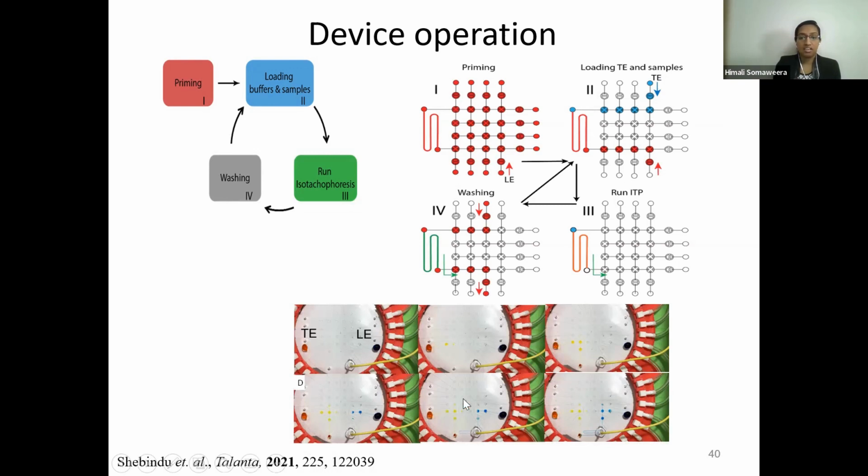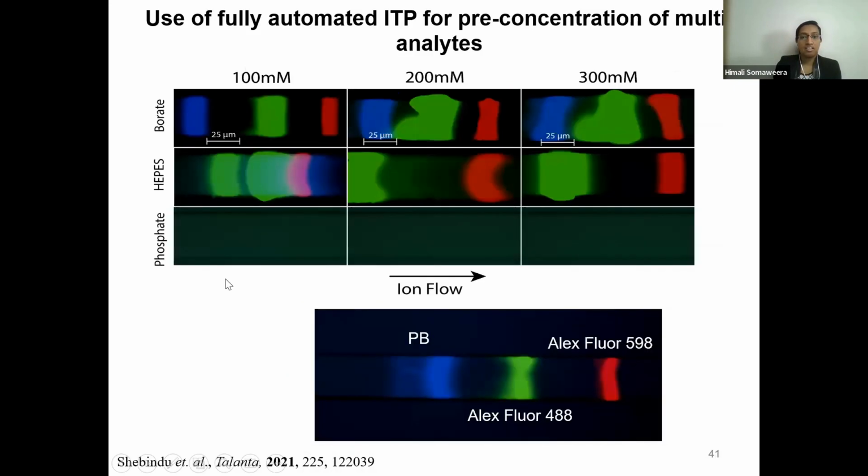And this is how the process works, and we use three different analytes, or 3 different dyes, at the same time using 3 different buffers: borate, HEPES, and phosphate. The borate is the one that gives the best data compared to the other two buffers.